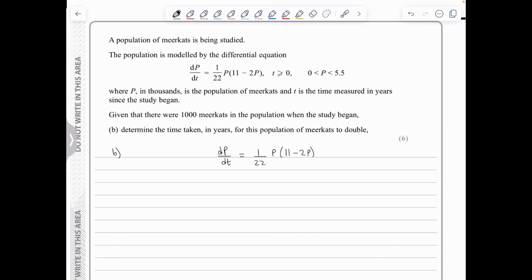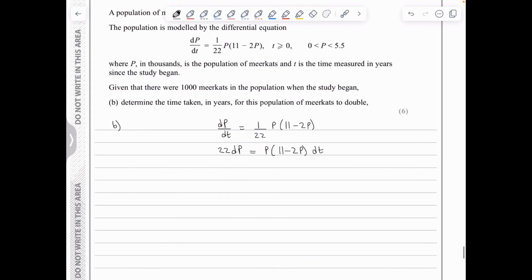Remember that we need to separate the variables here, which means collect all the p's with dp and all the t's with dt. So I will start by cross multiplying, which gives me 22 dp is p(11 − 2p) dt. And then I will proceed by dividing the p(11 − 2p) over to the left hand side.